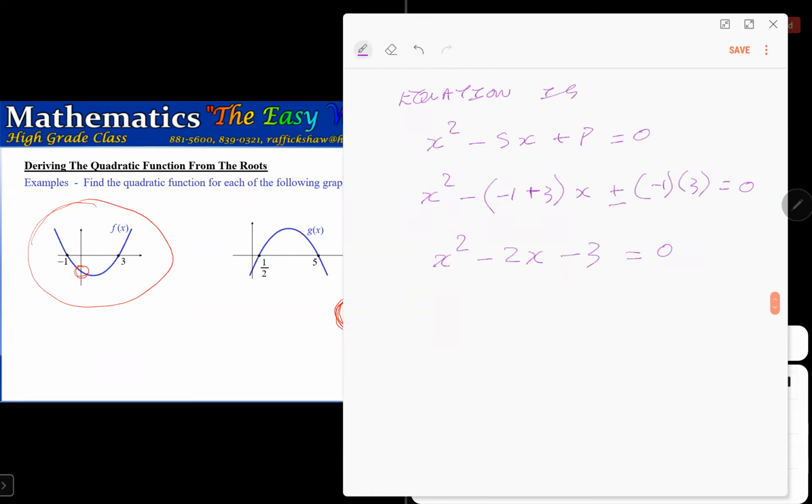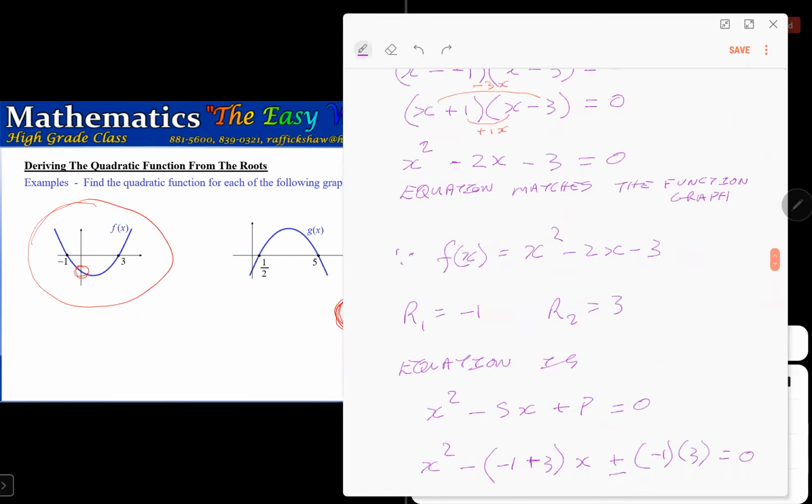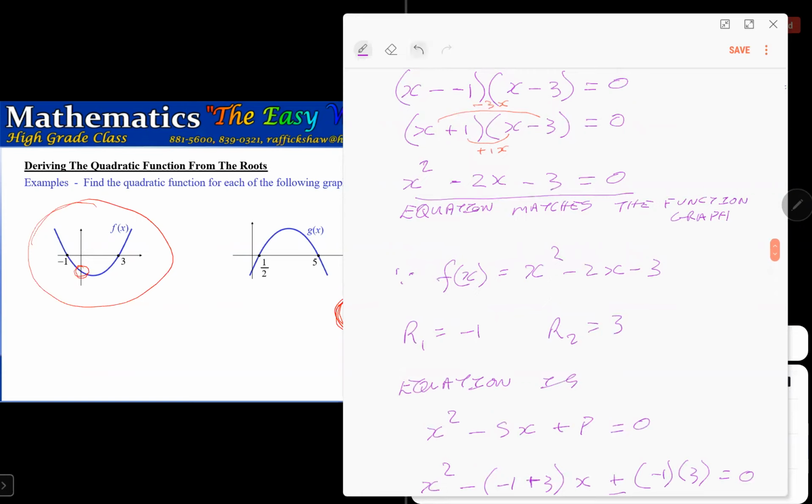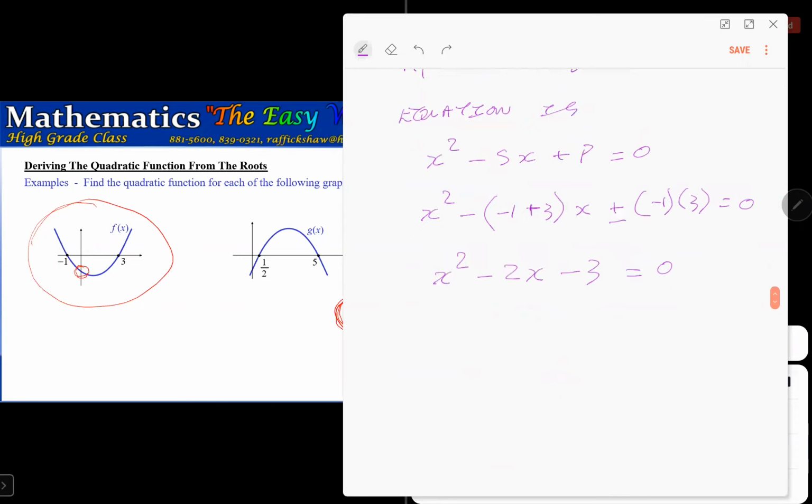So you see we're getting the same equation as we did right here. Same equation. So you see this way maybe is a little bit even quicker. Right? That's that method. And again, the equation matches a function graph.